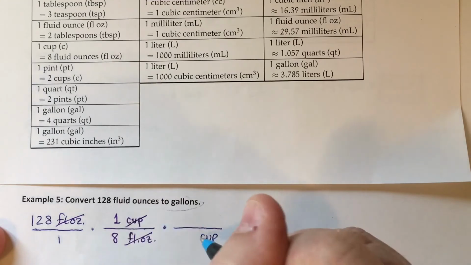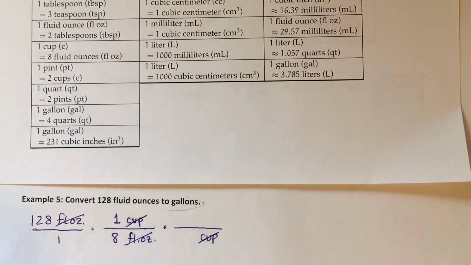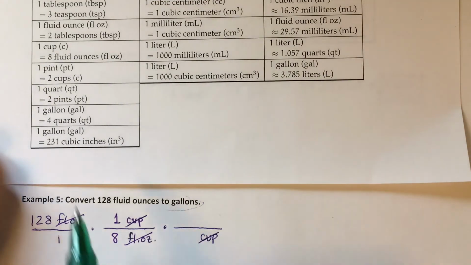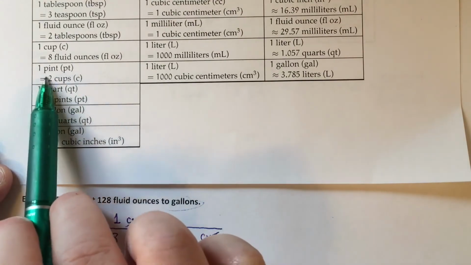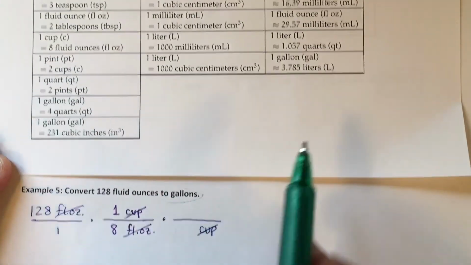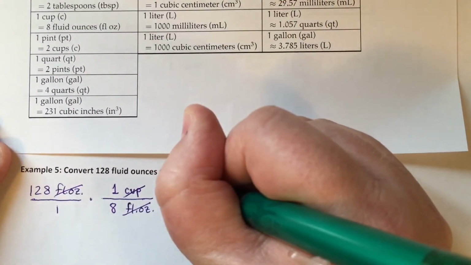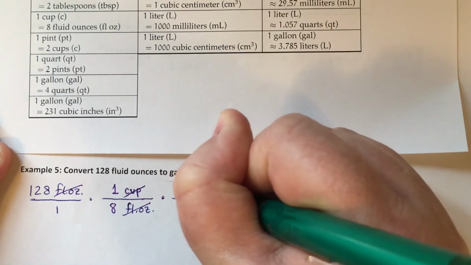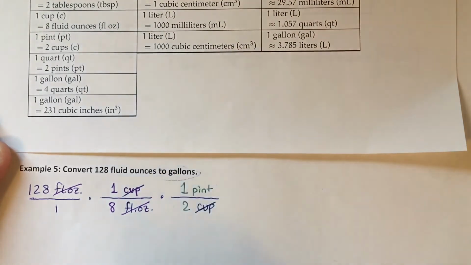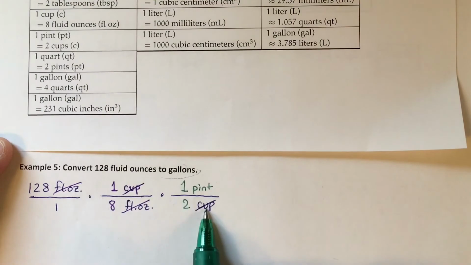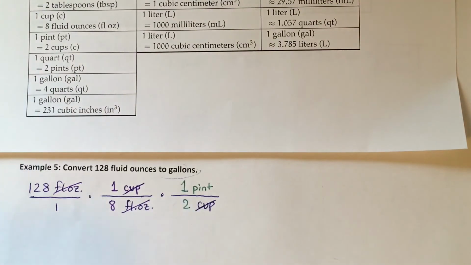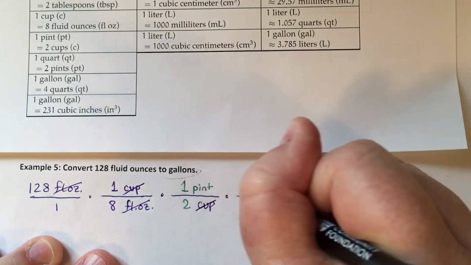So now I need cups to cancel. And we look at our table and what do we know about cups? Looks like I know that a pint is 2 cups. So 1 pint is 2 cups. So now the cups are gone. Great. Keep going because I need to get to gallons.